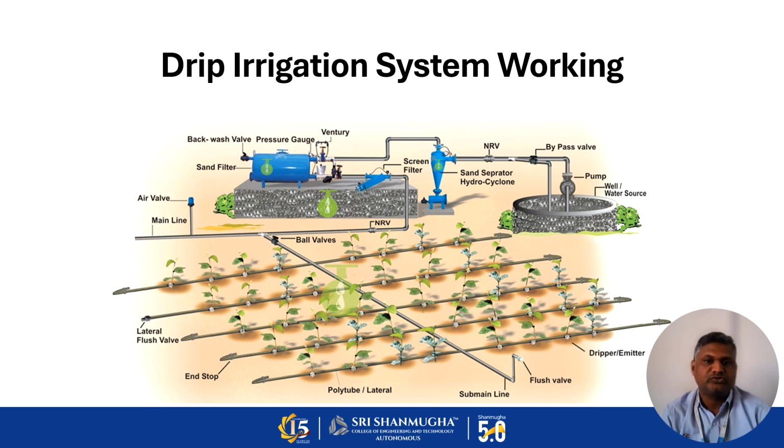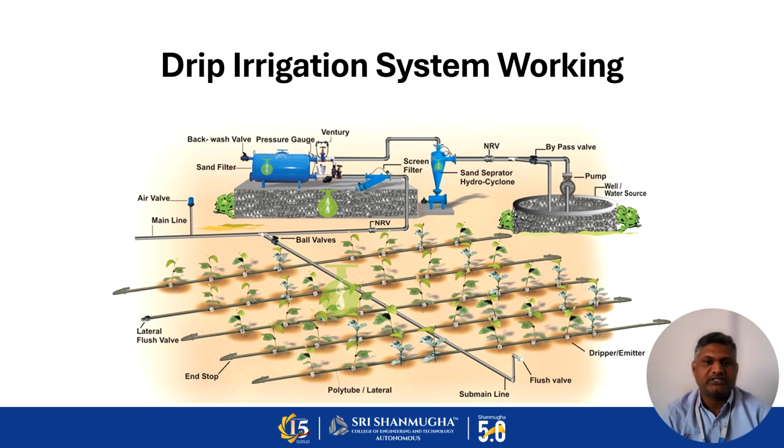Then it is sent to the fertilizer injection devices such as the Venturi, which works for injecting the fertilizer solution, and both the water and the fertilizers will be applied here. This technology is known as fertigation in drip irrigation. It is then sent to another tank called the sand filter for further filtration, and a secondary filter is also used, a screen filter.